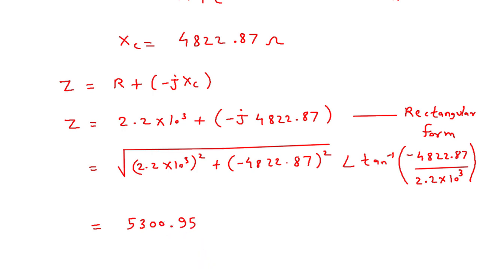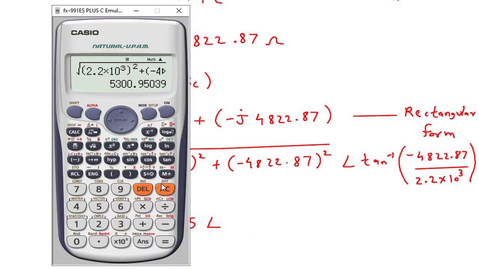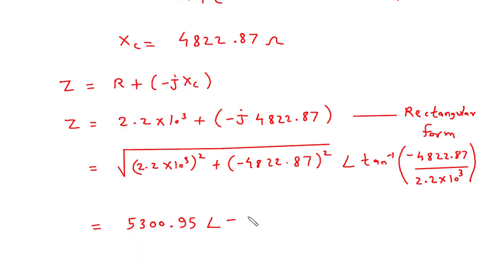5300.95 at an angle of tan inverse of minus 4822.87 divided by 2.2 into 10 to the power 3, which is minus 65.47 degree.